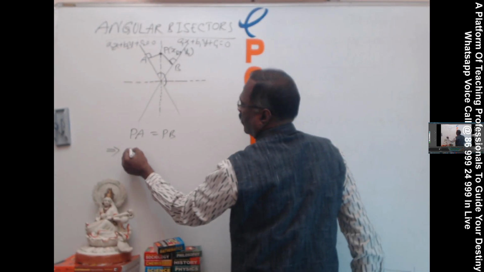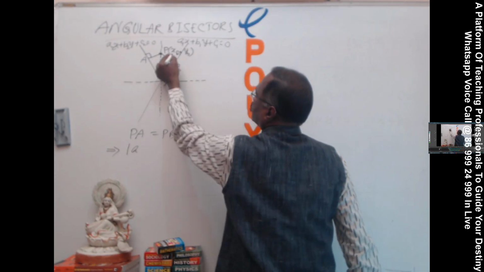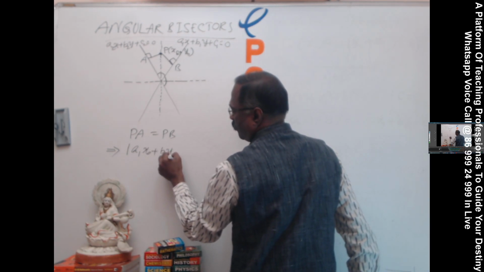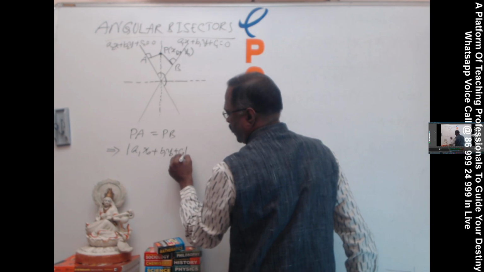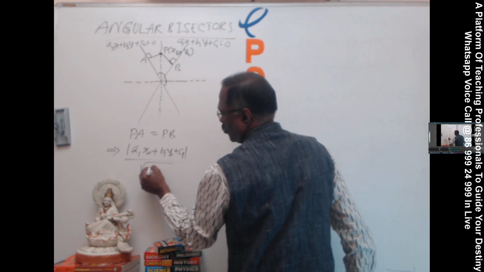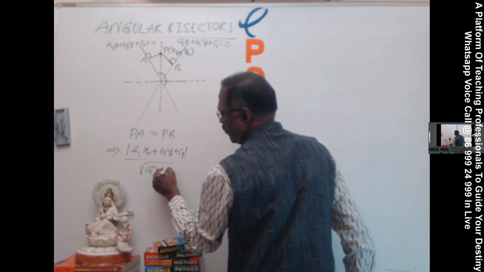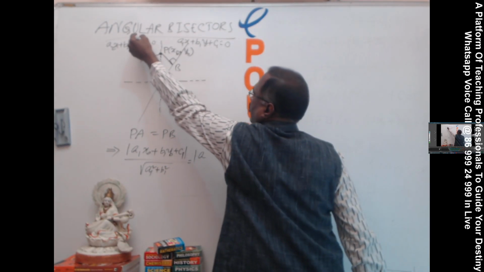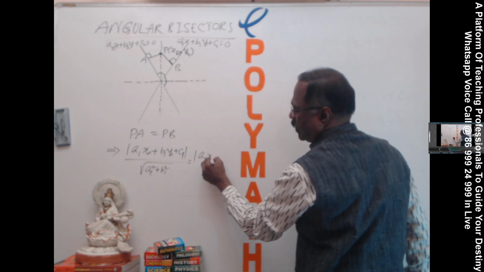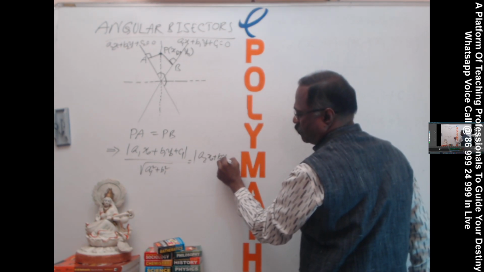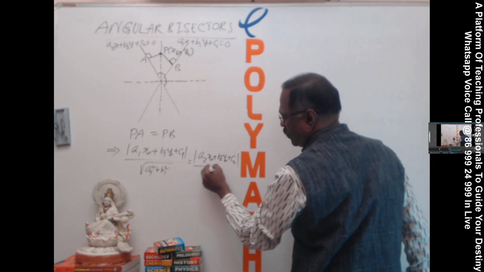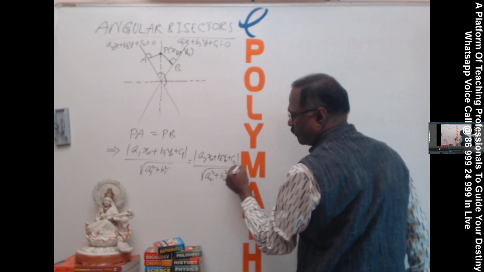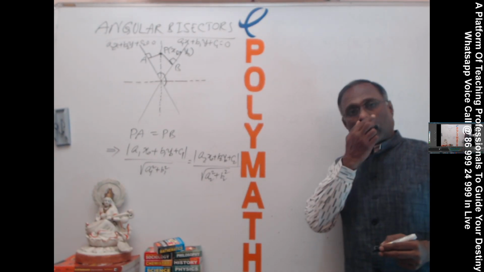So if it is x naught y naught, the perpendicular distance is modulus of a1 x naught plus b1 y naught plus c1 divided by root over a1 square plus b1 square, equal to modulus of a2 x naught plus b2 y naught plus c2 divided by root over a2 square plus b2 square. This is what we have got.